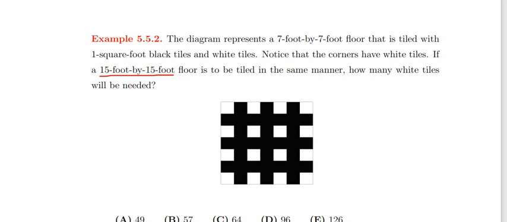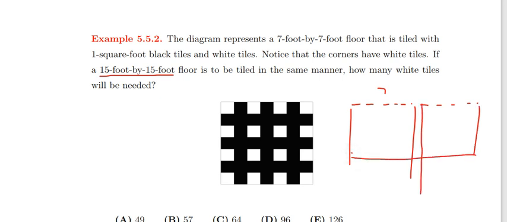We can say this 15 by 15 can be 7 and another 7, like 7, 7, 1, right? So actually we can regard this as a formula in this way.